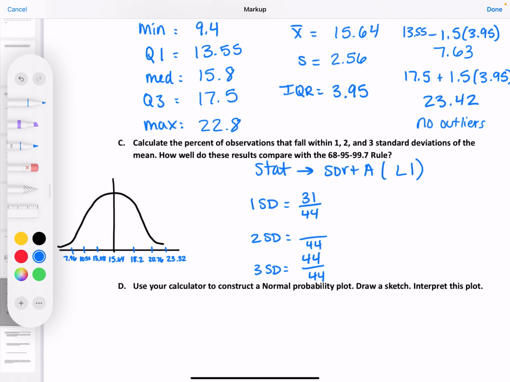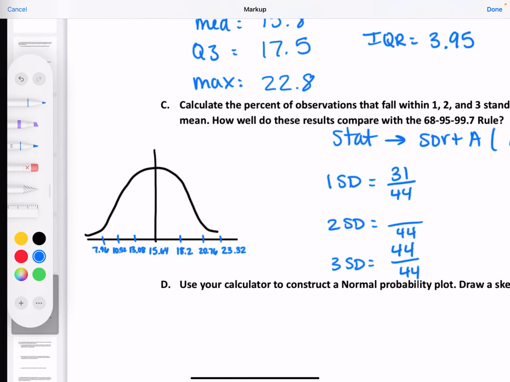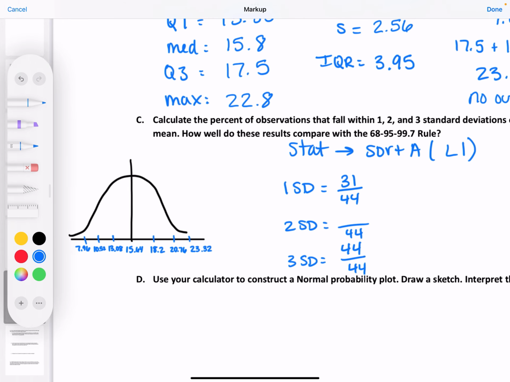Okay, and so then you need to find out how many are between 10.52 and 20.76. But you already know how many is in the 13.08 to 18.2, so all you need to do is add the ones from 10.52 to 13.08 and 18.2 to 20.76.